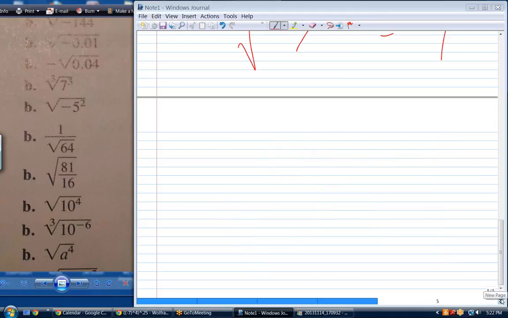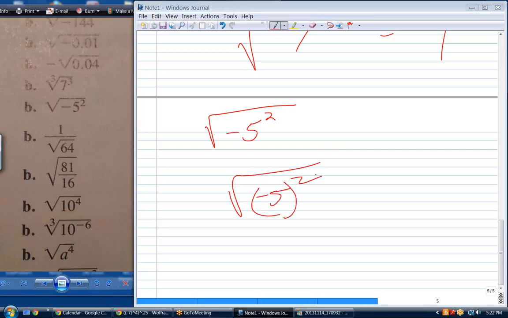Would that be... and is that different than this? Yes, they're different. Okay. So what's the top one going to be? 5i. Good. And what would this one be?